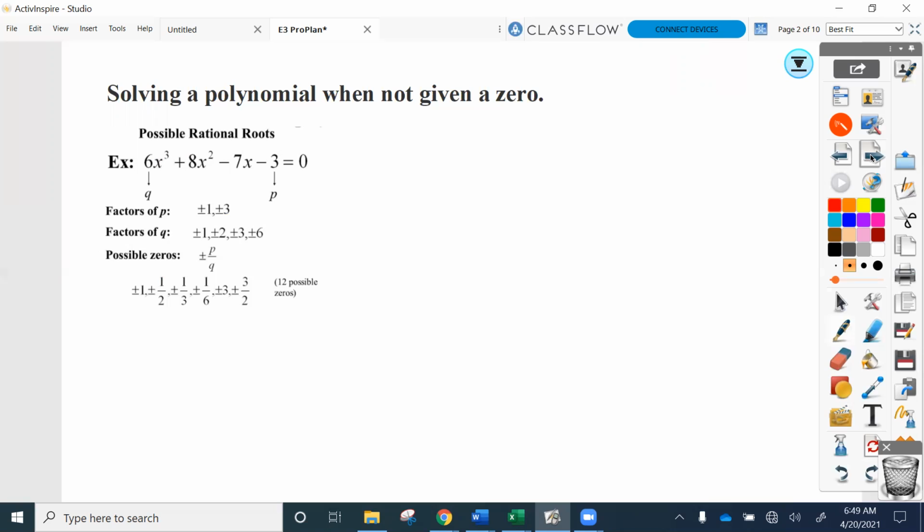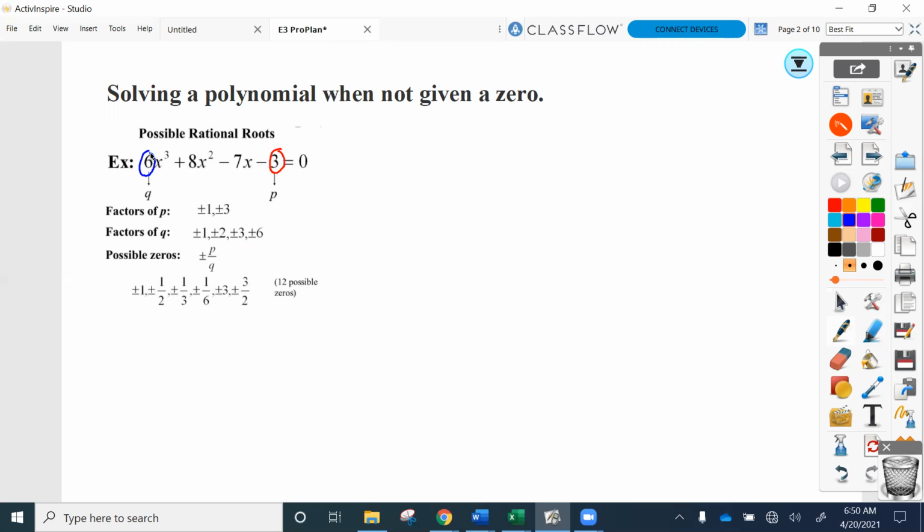This number is going to be what they call your P, and this number is going to be what they call your Q. So if you list the factors of P, what numbers can multiply to give you 3, it would be 1 and 3, -1 and 3, +1 and -3. Those are all the things that can give you 3 or a -3. And you always want to find the plus or minus factors of those.